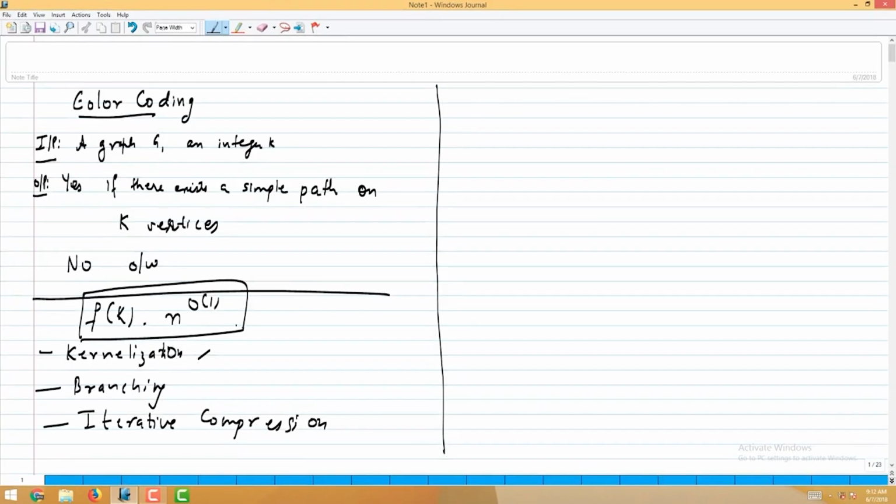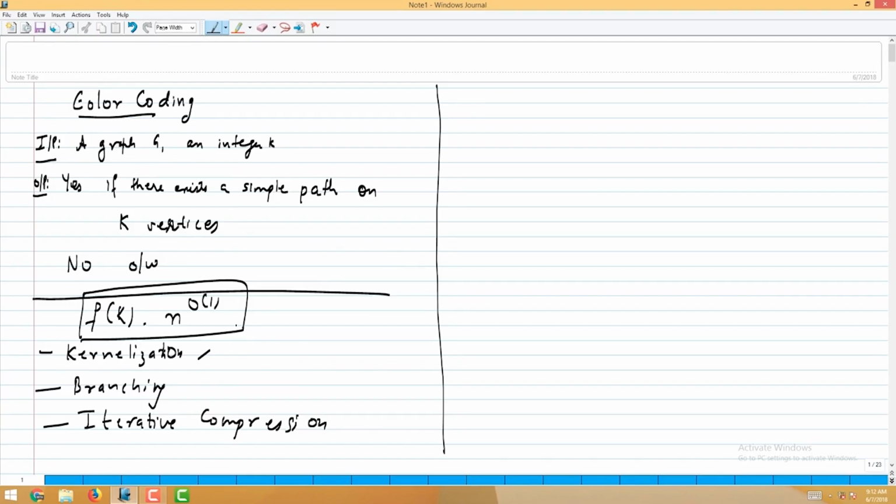For example, if I had to solve vertex cover, instead of solving vertex cover, if I solve the compression version of this problem, where I'm also given a solution of size k plus 1, then using an algorithm for this, I can solve the actual vertex cover problem. If this algorithm takes f of k times polynomial in n time, the original problem can be solved in this much time times some linear function in n, right?